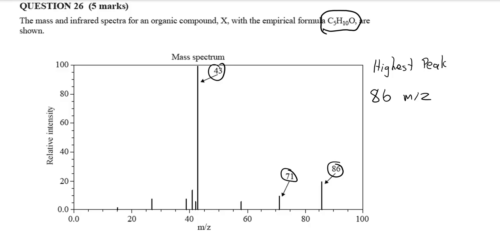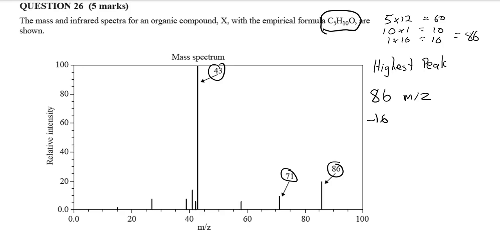So what I would first do is I'd quickly do a calculation to see if that matches. So we're going to go 60, 10, and 16, which is 86. So I know that that formula is right. Now I technically don't need to go through my rule of 13, but let's do it anyway.